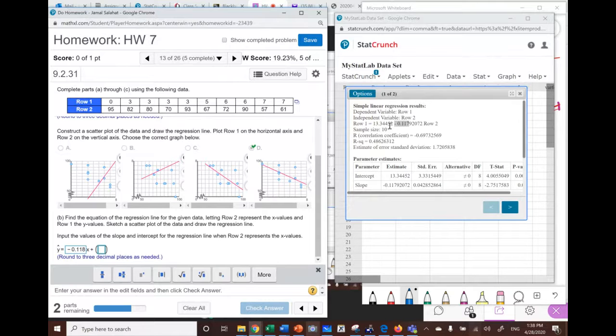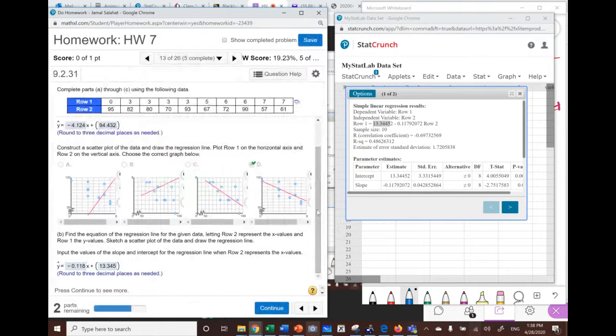And for the intercept, I'm sorry, 13.345, because they want us to round to 3 places.